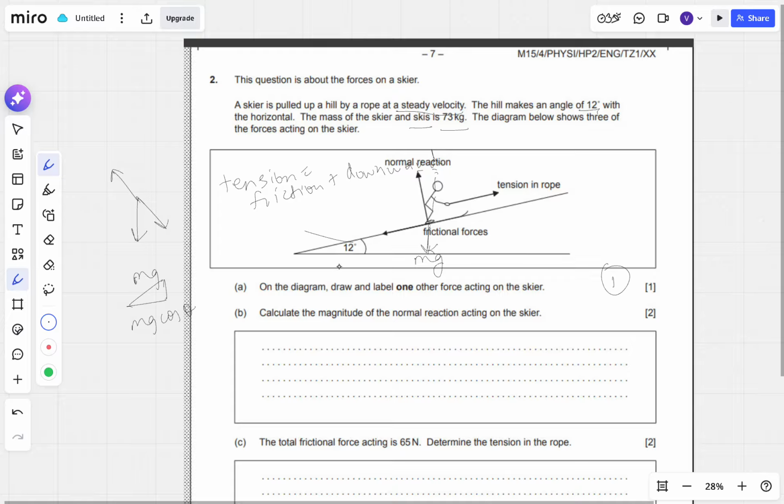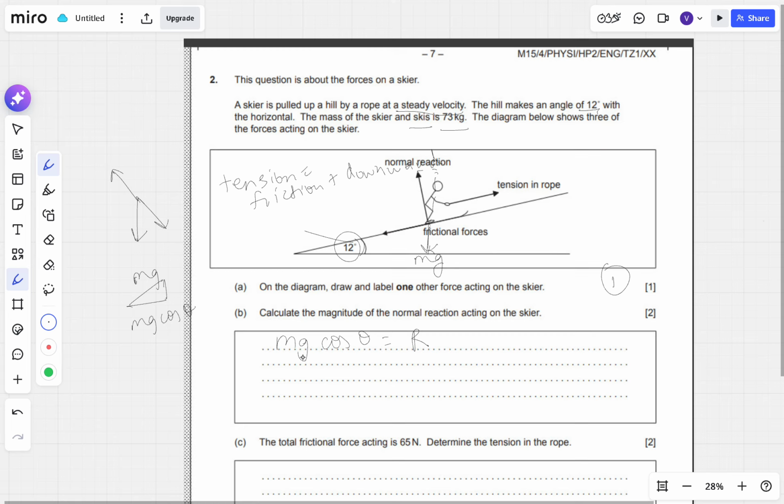Theta over here is the angle, so this will be 12. So the magnitude of the normal reaction force, because the upward and the downward force are in equilibrium, the normal reaction force and mg cos theta will be equivalent. So over here, you're going to label this: mg cos theta is equal to the normal reaction force.